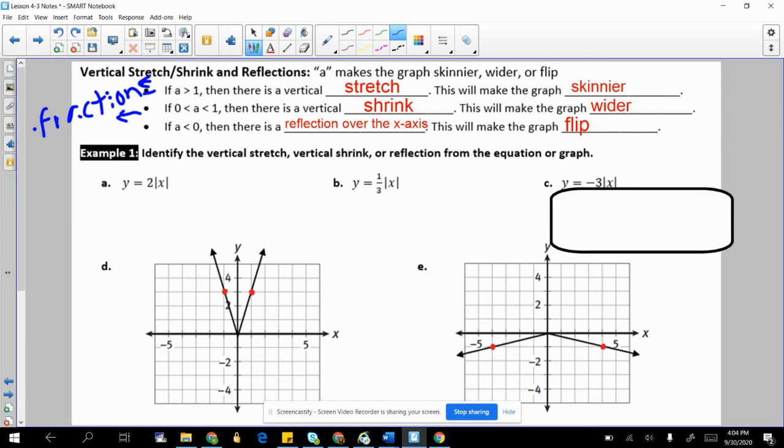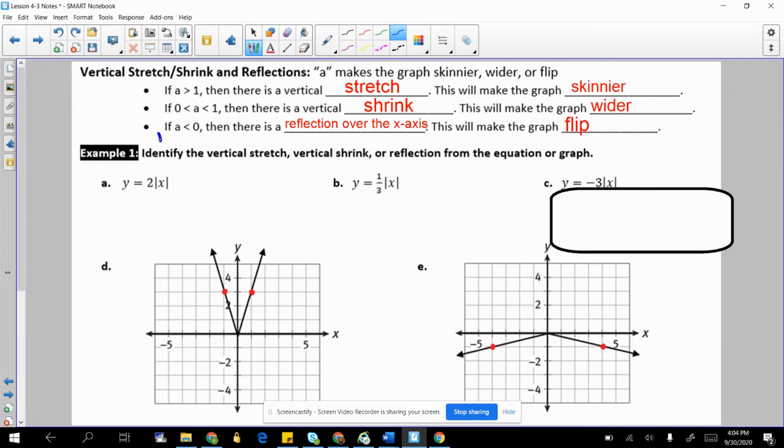If that is the number out front, then we are going to have a vertical shrink, and this will make your graph wider. So you want to think of the stretch as like pulling, and the shrink is like pushing, where you're almost going to push it towards the x-axis and make it look wider.